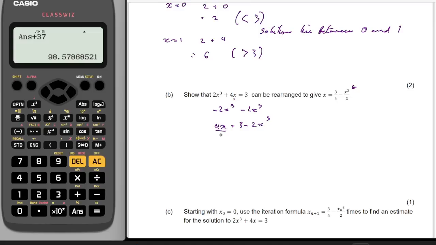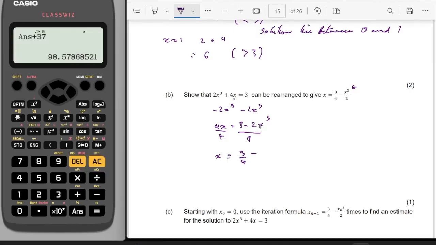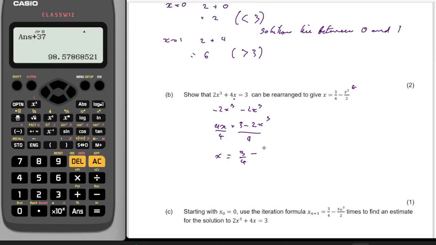If I then divide both sides by 4, and split them into two parts, x is going to be equal to 3 divided by 4 minus 2x cubed divided by 4, so the 2s would cancel, so that would be x cubed over 2, which is what you are asked to show.